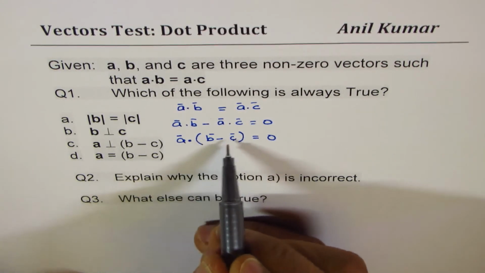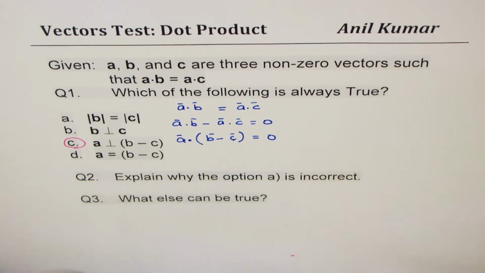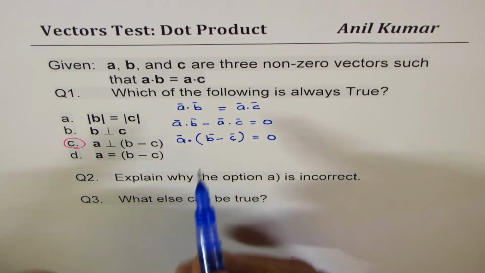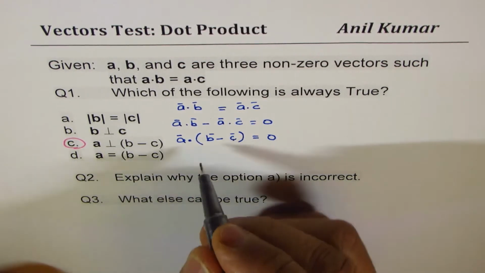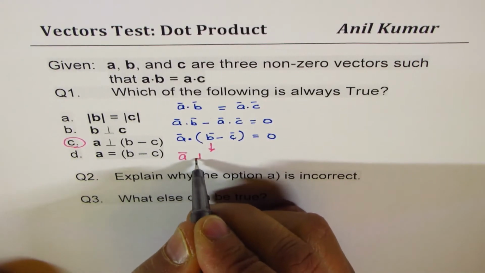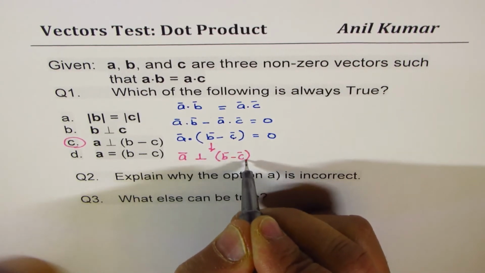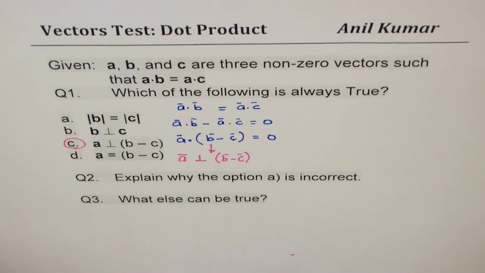When we have a dot product equal to 0, that means we are looking at an angle of 90 degrees, right? So this is possible when vector A is perpendicular to B minus C, correct? So that gives you the result.